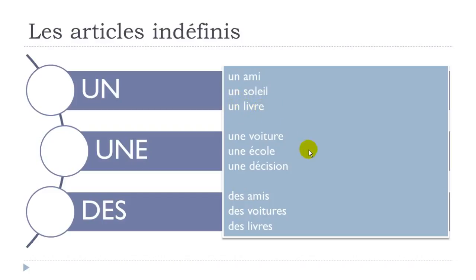Voiture, car, feminine. Une voiture. École, school, feminine form as well. Une école. Décision, une décision. Don't ask me to translate this décision.